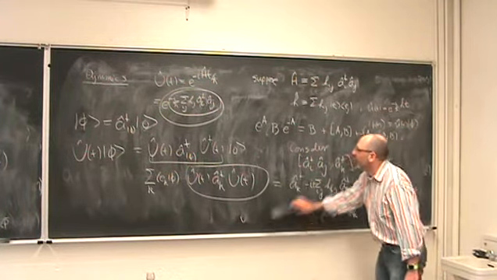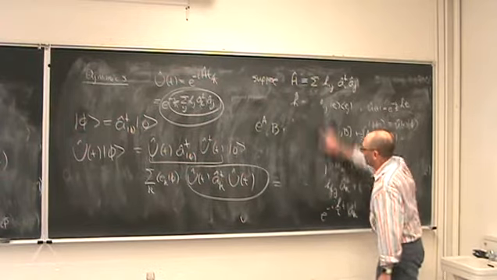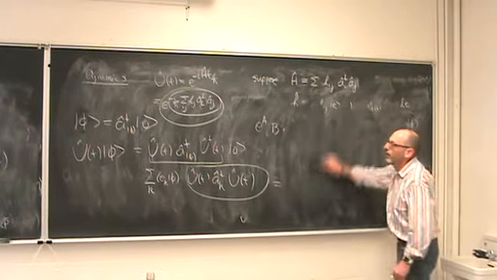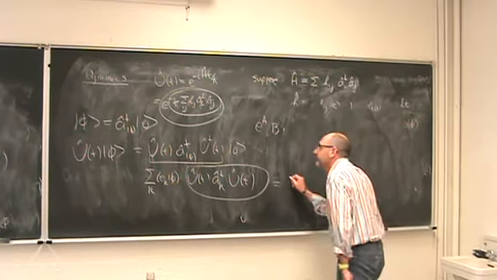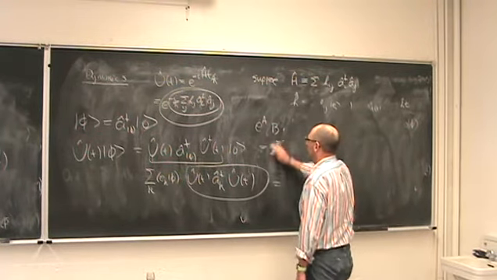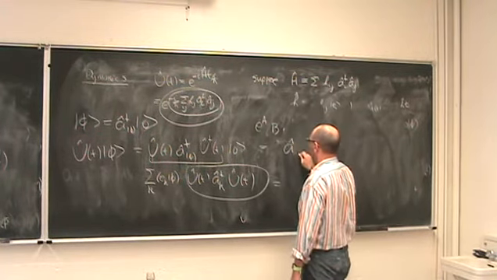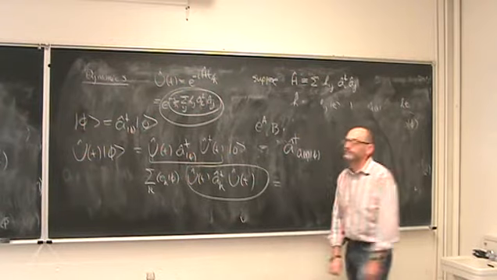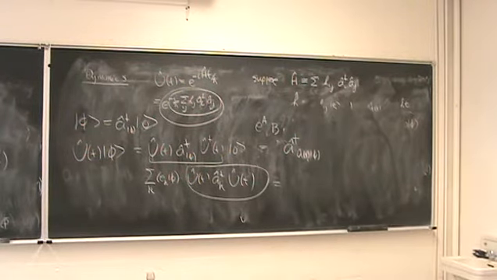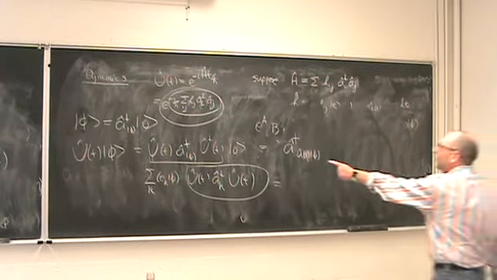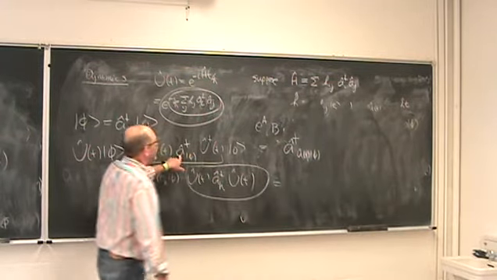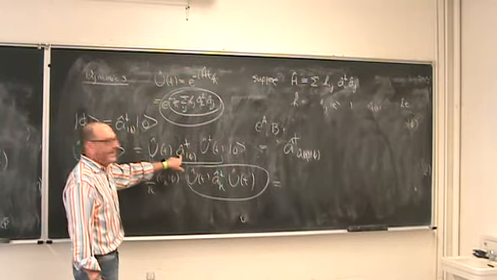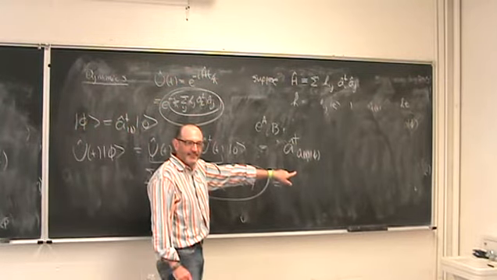So here's the bottom line of this. This detailed calculation ultimately goes to the following. This thing is equal to this. In other words, the time evolved creation operator is just what you would expect.